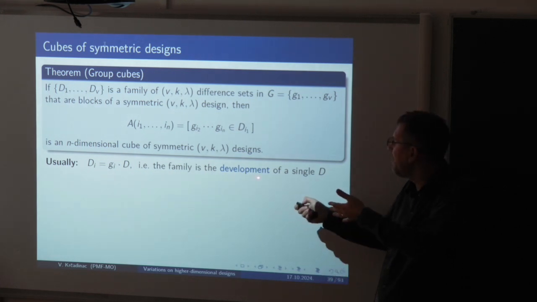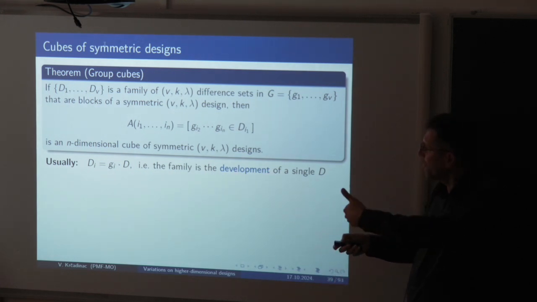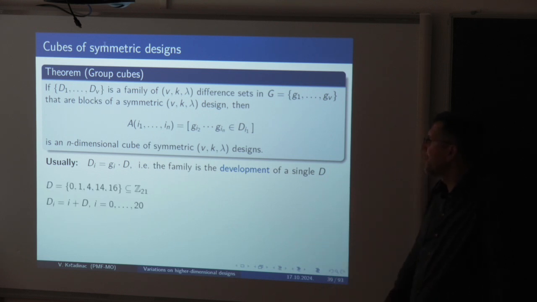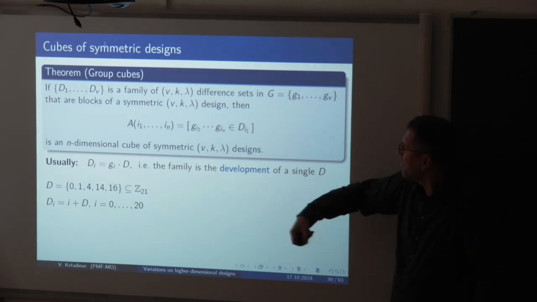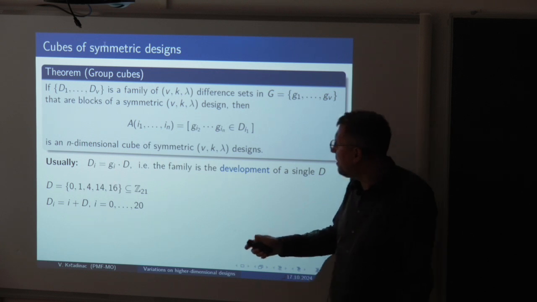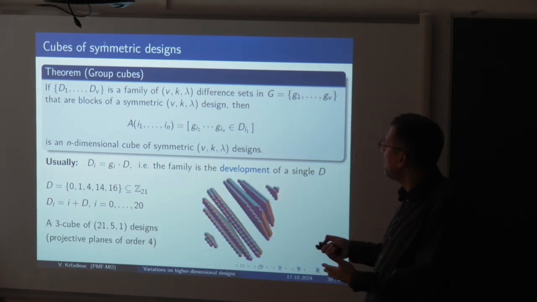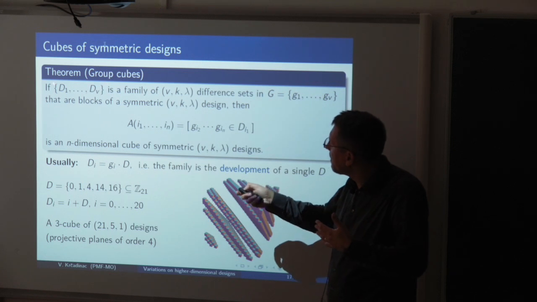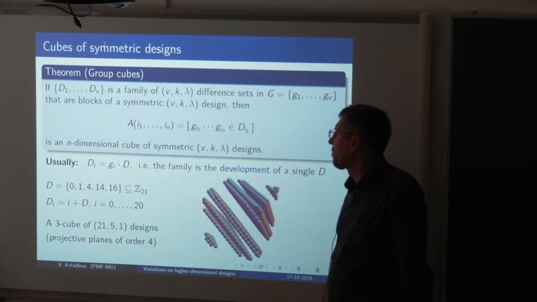You just do the development. You take a difference set and take all of its translates in this group, and it's going to be a symmetric design with these parameters. And if you do it starting from this, you're just getting a difference cube. It's the same construction if this is a development of one of its blocks.